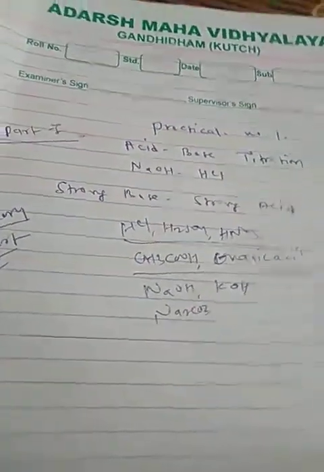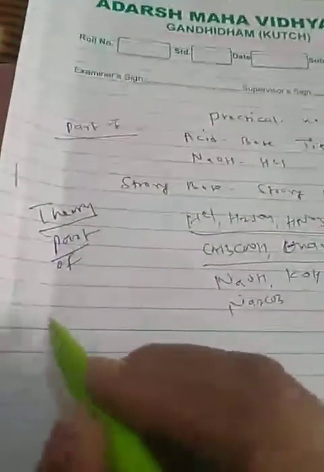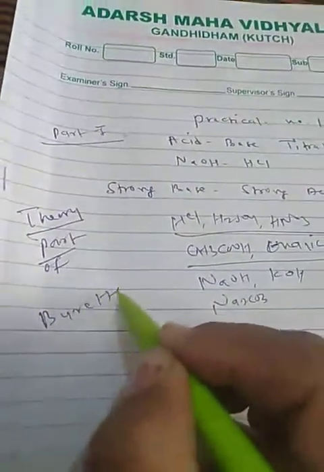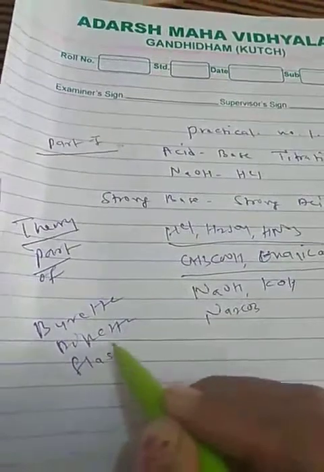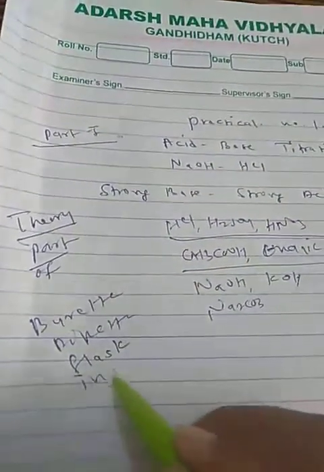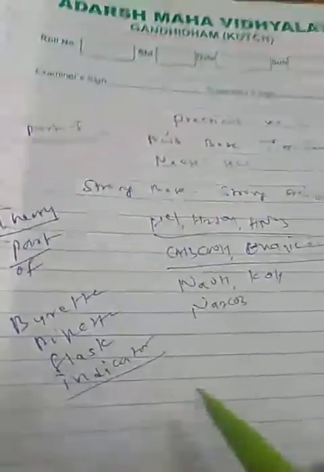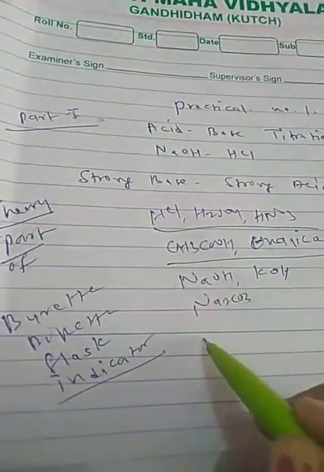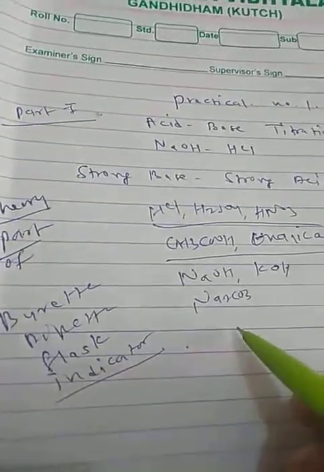Basically, in the first lecture I taught you the apparatus you are dealing with: burette, pipette, flask, then indicator. An indicator is a solution which shows one color in one medium and another color in another medium.